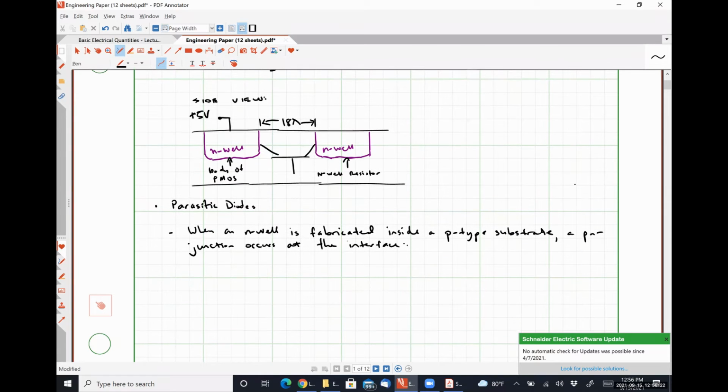So graphically, here's our substrate. Here is our N-well region.